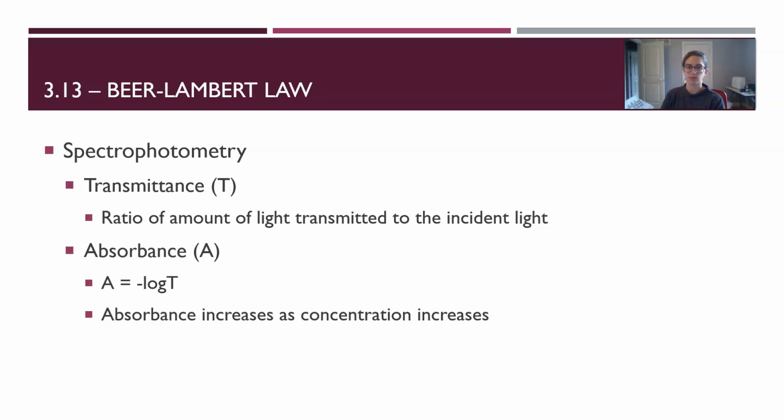So the more light that's absorbed, the darker your solution, the more colored it's going to be, which means higher concentration. This law only works with solutions that are colored. It does not work with uncolored or clear solutions. So this needs to be a solution that results in some sort of color. It's often blue, green, or red-orange, because those tend to be the compounds that we use when we're applying this type of law.